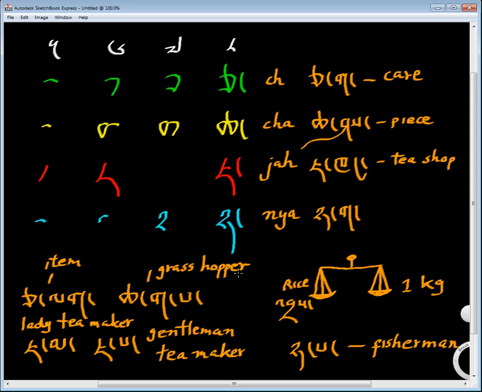Chakaba meaning grasshopper. And then cha, ma, chama, or cha, pa, chapa, a lady who's making tea or a guy who's making tea. And then the last one, the example for nya is nyapa. Those people out of necessity have to fish for a living. So that would be nyapa, not for fun.